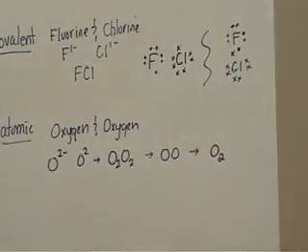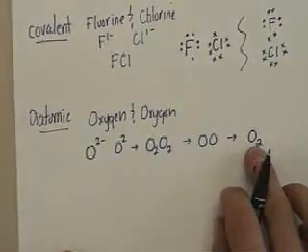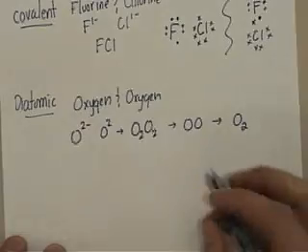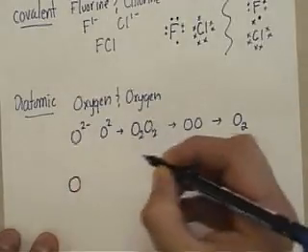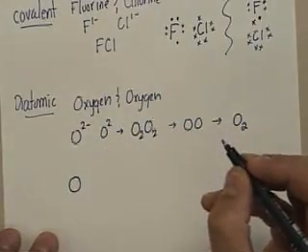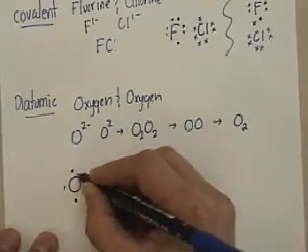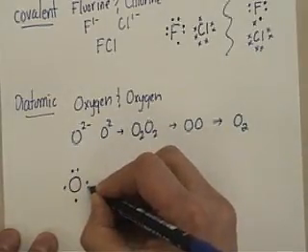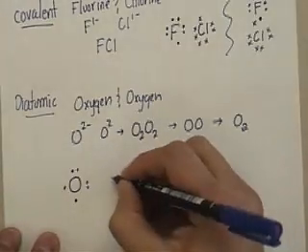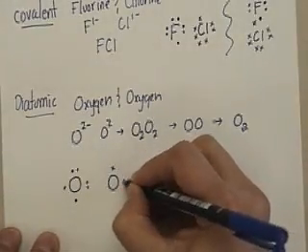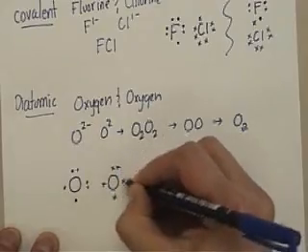Okay, so that's what we want to call a diatomic. Bonds with itself. Drawing it out, you take 1 oxygen, and it's got 6. So 1, 2, 3, 4, 5, 6. And another oxygen. 1, 2, 3, 4, 5, 6.